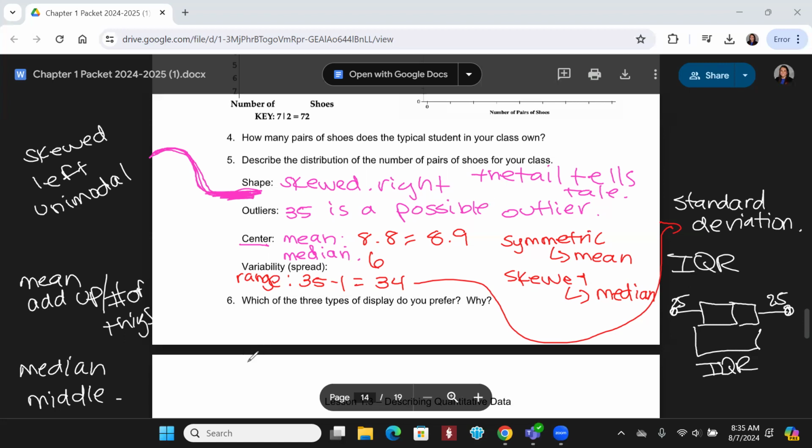Neither. No, you've got to pick one. The data displays, the graphs up at the top. The histogram. Why?